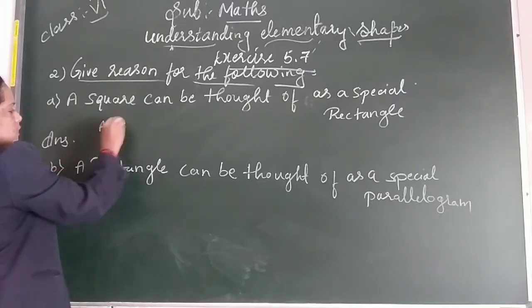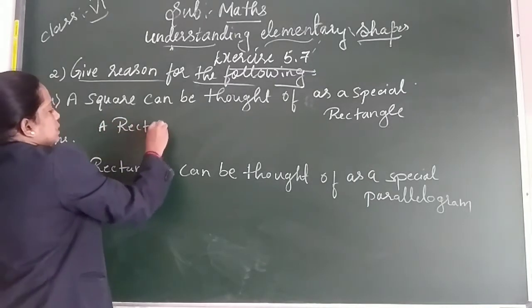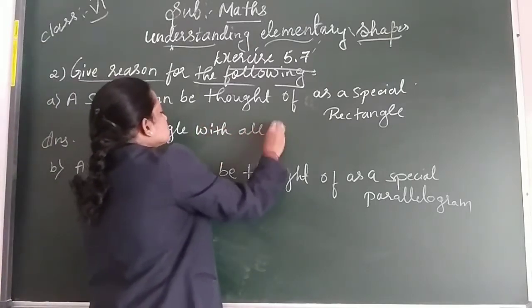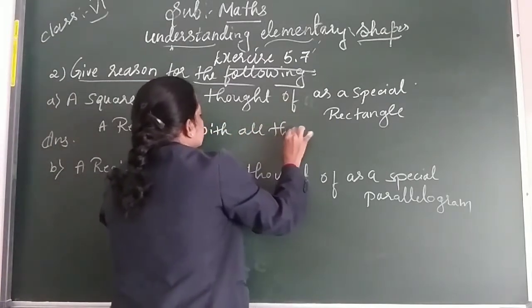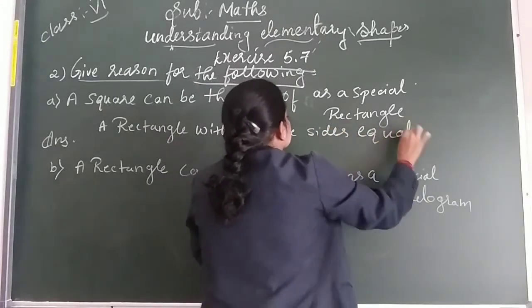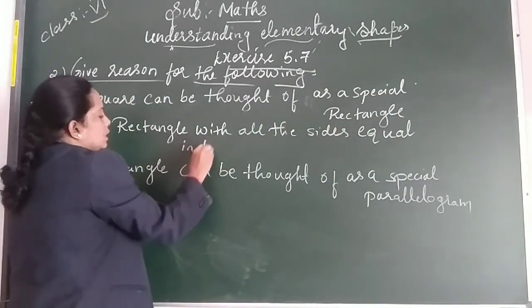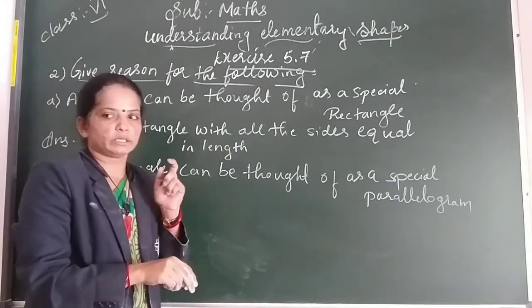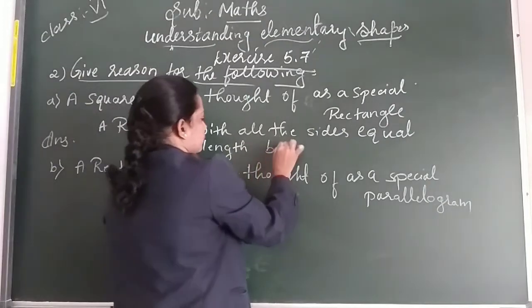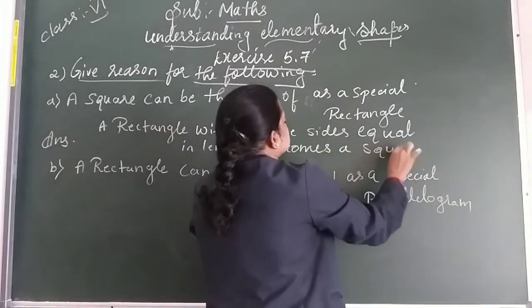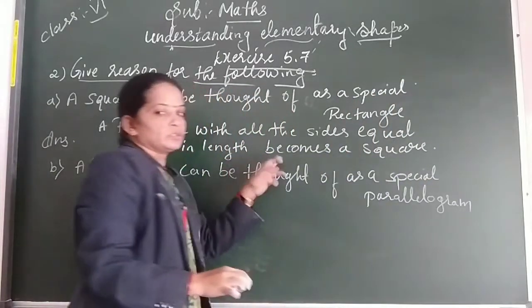So a rectangle with all the sides equal in length becomes a square. So this is the reason.